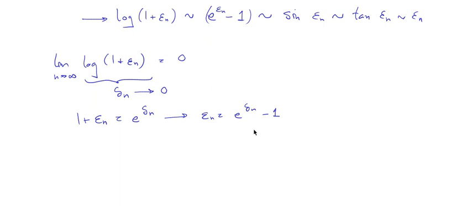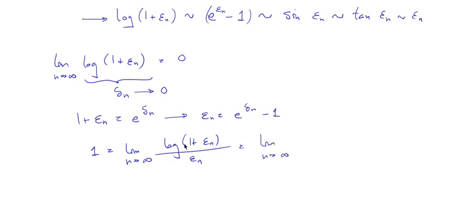Okay, so now we have, as we had written before, 1 is the limit when n goes to infinity of the logarithm of 1 plus epsilon sub n over epsilon sub n. This is the thing that we just proved, right? But we can write these things now. This is delta sub n, right?